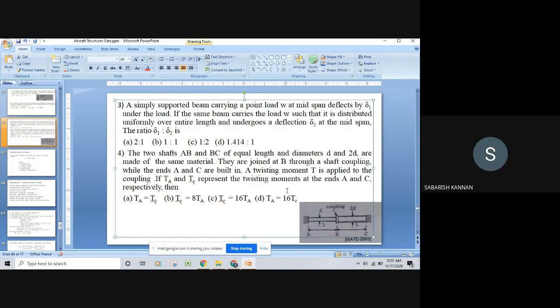So now we go for a solution, right? This comes under the topic of torsion. We just know about the torsion, right?